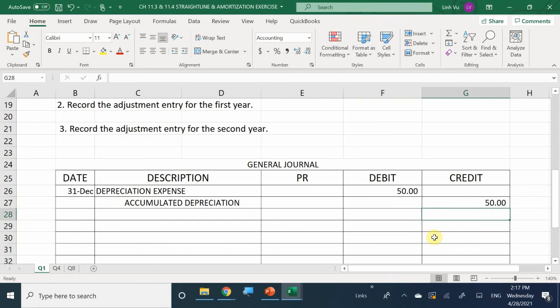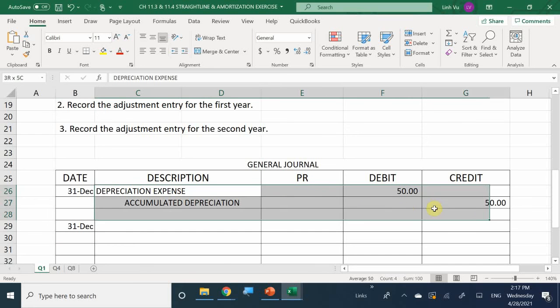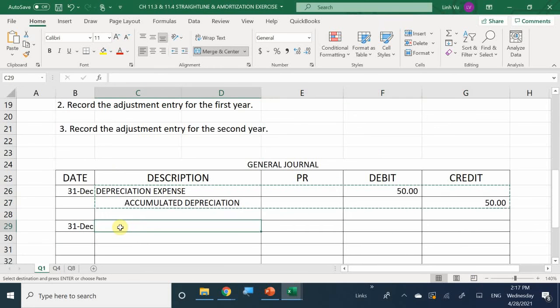Okay. So then, what is going to be my journal for year 2 of depreciation? Same. It's going to look identical. So in this case, I can simply just copy that over.